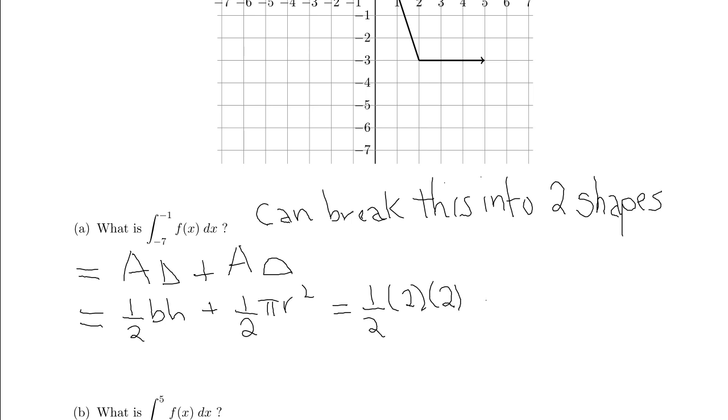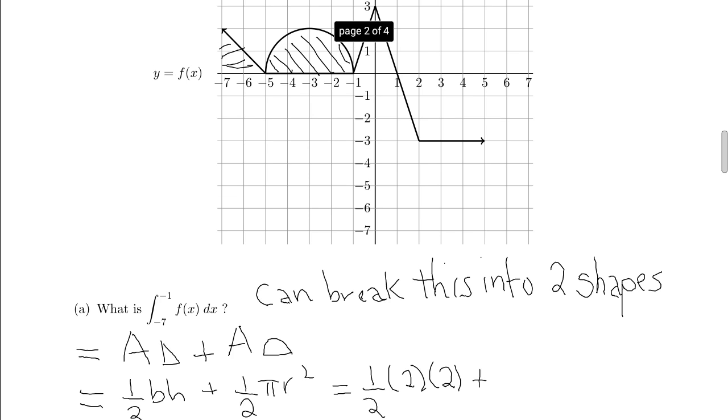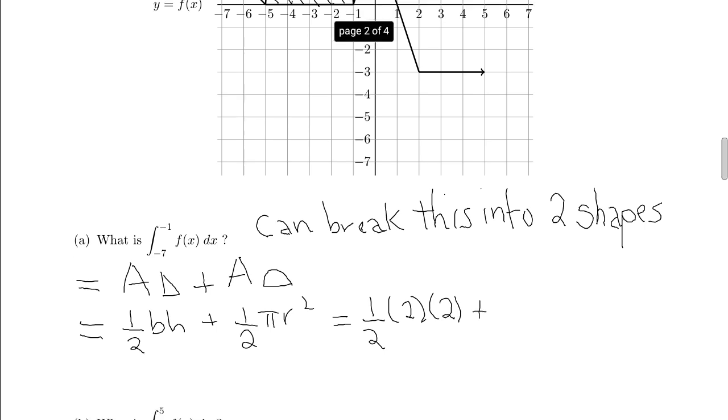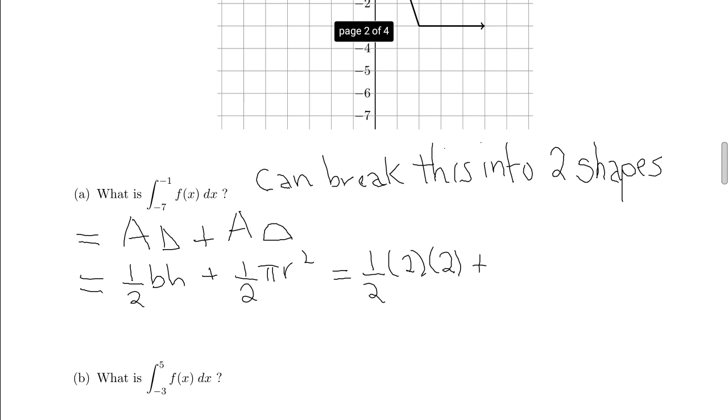And then for our semicircle, we scroll up, we just need to find the radius. Well, the radius, you can look between -5 and -3, or -3 and -1, but we see that the radius is 2. So our formula for the area of the semicircle is going to be 1/2 pi times 2 squared.